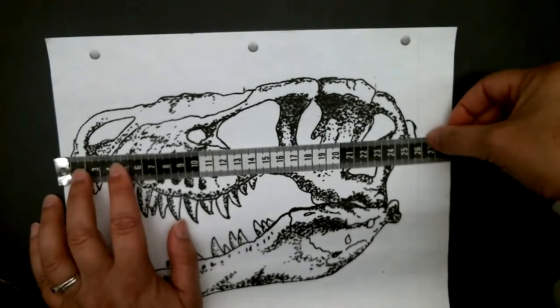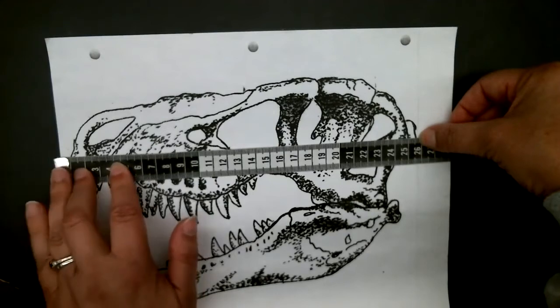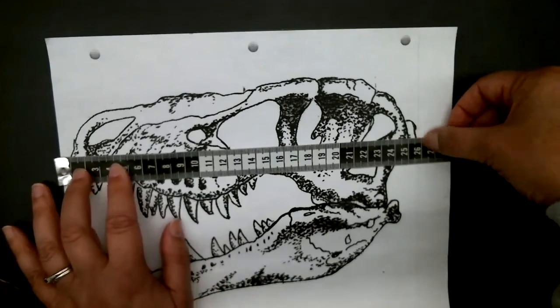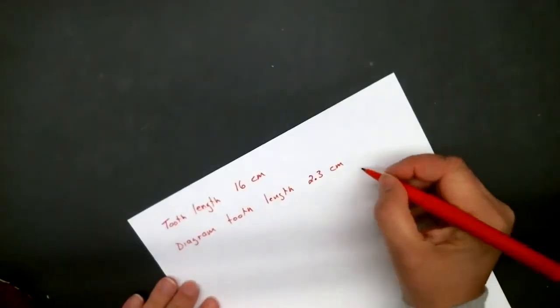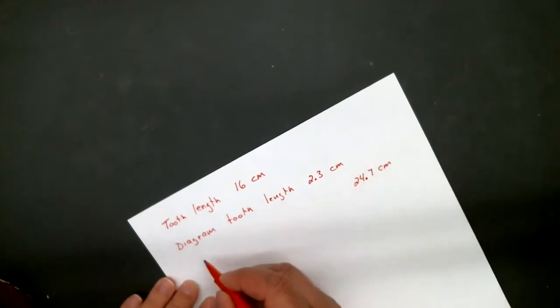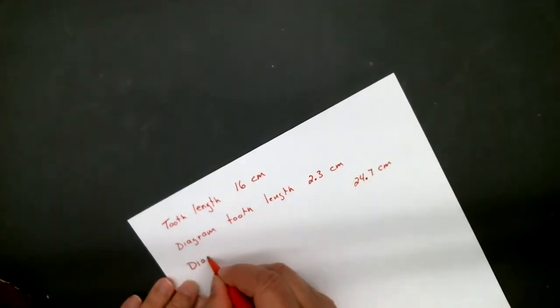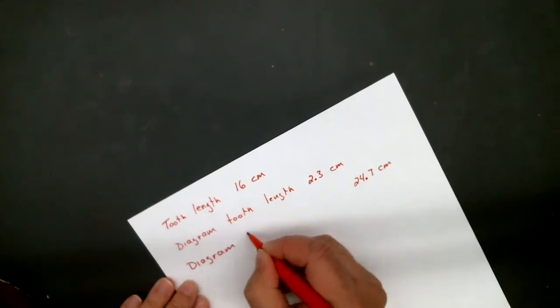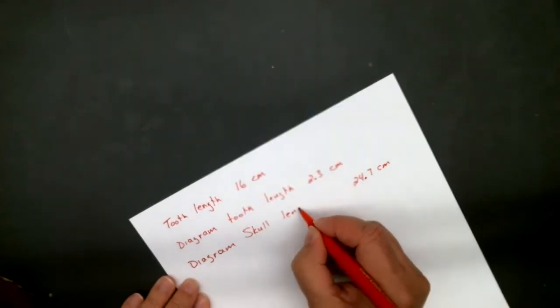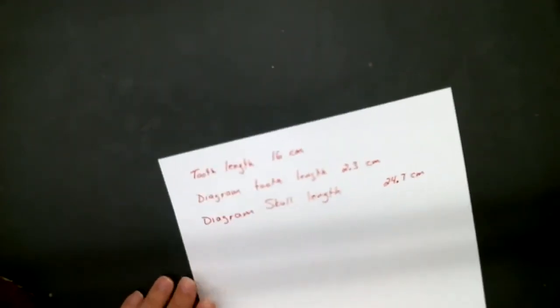Right, so this says 25.7, but remember I got to subtract 1 because of this side. So that's 24.7 centimeters. And that was the diagram skull length. Okay.